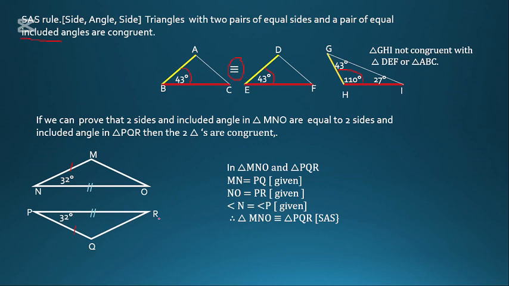And lastly, angle N, in between, from there to there, is equal to angle P, given. And because of that, we say here, therefore, triangle MNO is congruent to PQR. And this time the reason is side, angle, side. Next one.